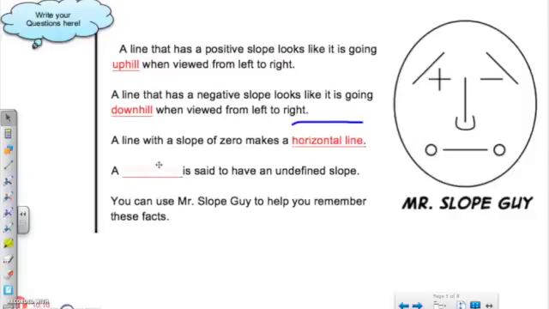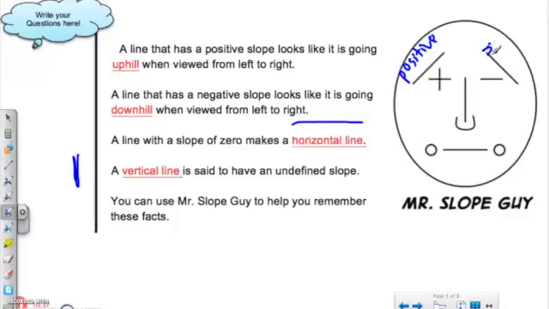Now a vertical line is said to have an undefined slope. A vertical line goes up and down like this. Now you can use Mr. Slope Guy to help you remember these facts. So if it is positive, we're going to be going uphill.